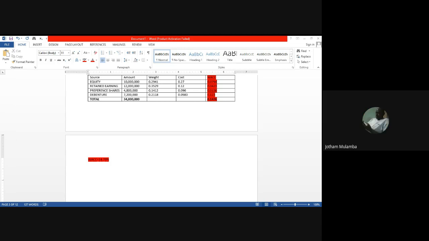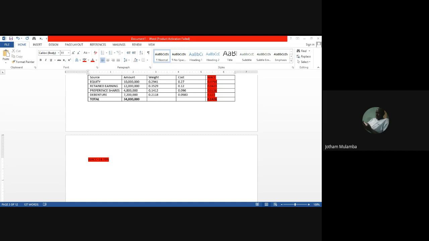So I would like us to discuss budgeting and budgetary control. That's an area we have not tackled. That's topic 6. Go to page 139. We discuss budgeting and budgetary control.